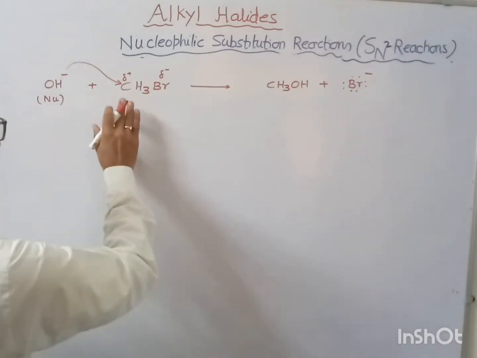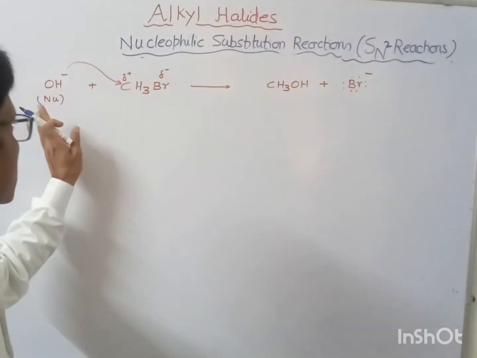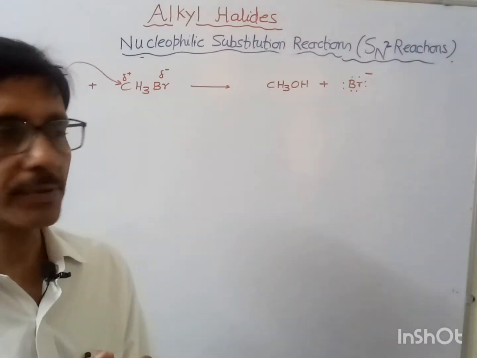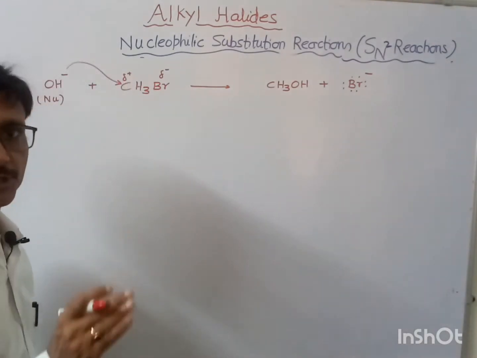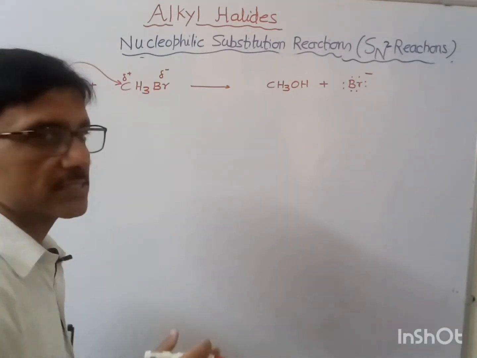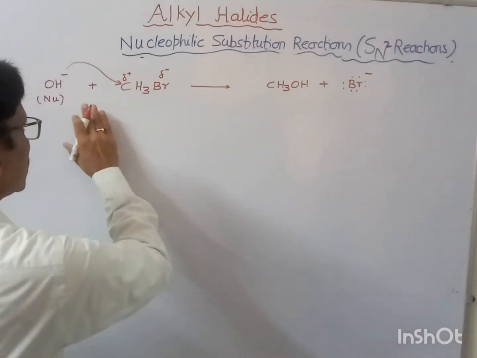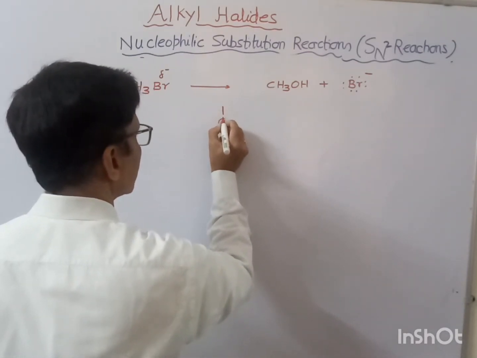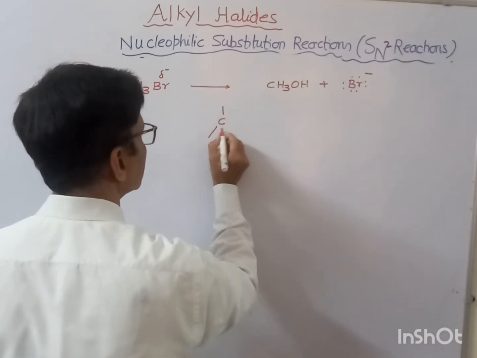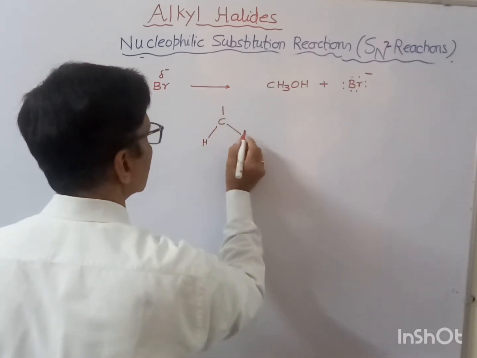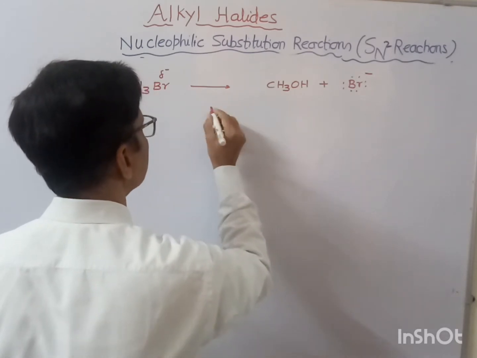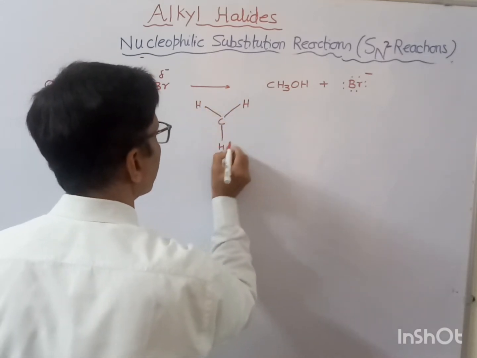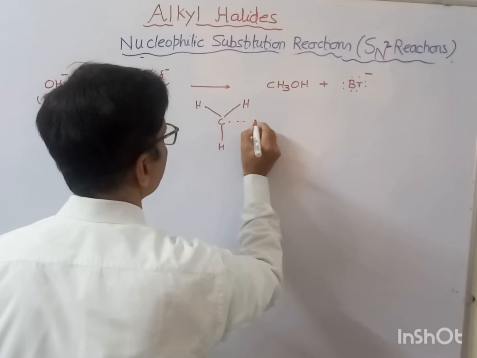In this reaction, as I told you, such nucleophilic substitution reactions occur in one step with the formation of a transition state, or we can say this is a concerted reaction. The transition state formed, I write as follows.